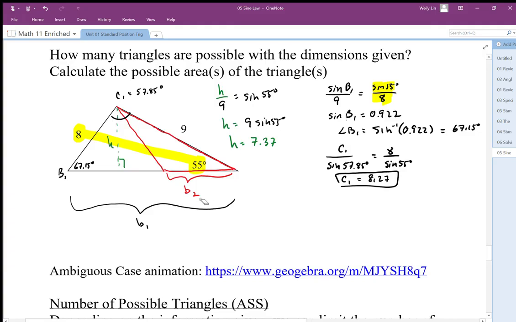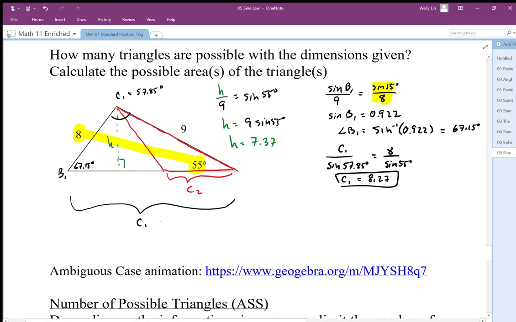Okay, so that's my C. Sorry, I mislabeled this. This is my C1, and this is going to be my B1, given this is my angle B. So that's my length of C1.